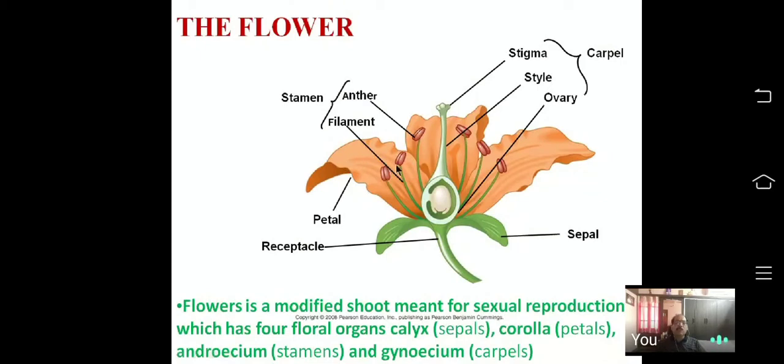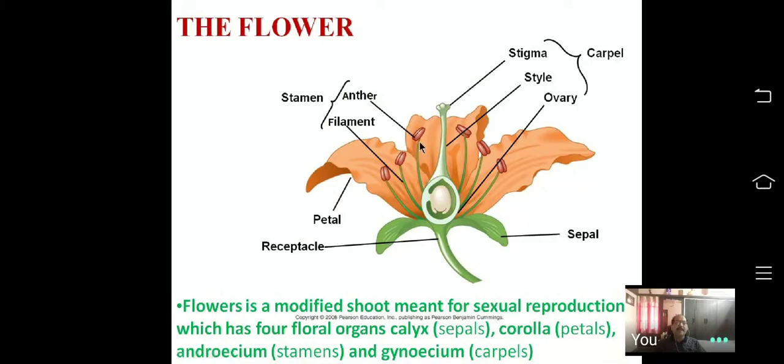The third whorl is the androecium. Androecium is the male reproductive part. Its members or units are called stamens. Each stamen has two parts.